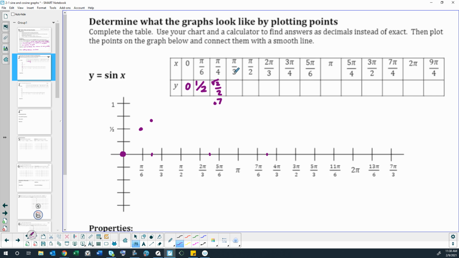All right, pi/3. What's the sine of 60 degrees or the sine of pi/3? Good job. Okay, so let's find the decimal equivalent for that so we know where to plot it. So square root of 3 over 2 is like 0.86, 0.87.